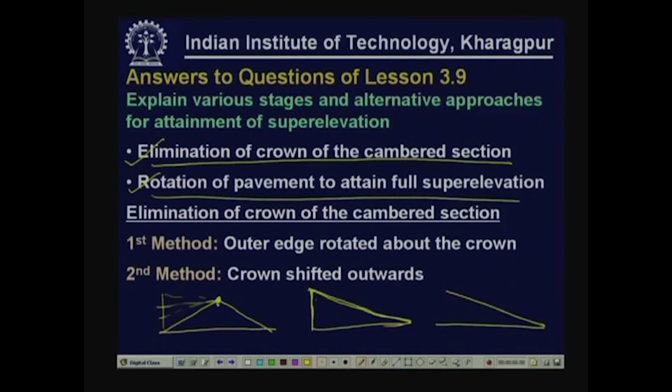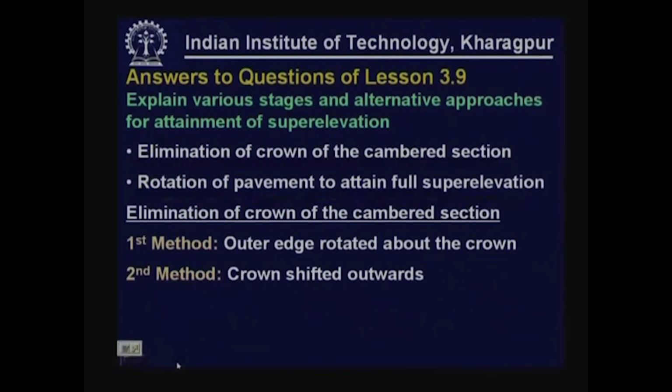The alternative approach is to shift the crown gradually. Here there will not be any drainage problem, but there will be negative super elevation and also the crown is shifted. So, vehicles have a tendency to follow the crown, and it may not be very convenient considering safety. So, each method has its own advantage and disadvantage.